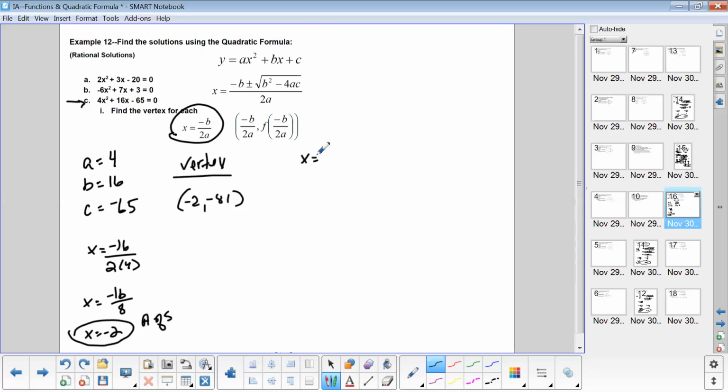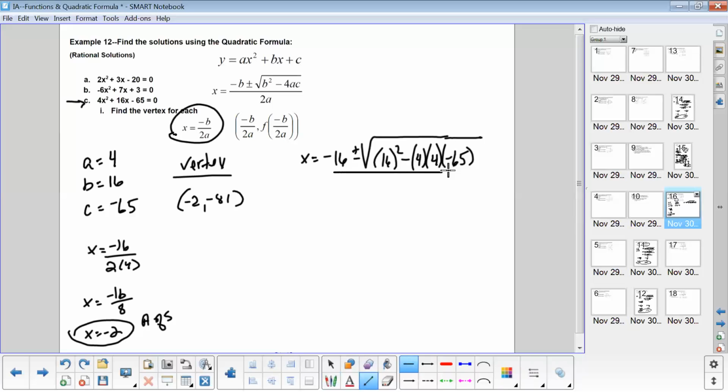Now let's substitute to find the solutions. So x equal negative b, so negative 16 plus or minus the square root of b squared, so 16 squared minus 4 times a, which is 4, times c, which is negative 65. All divided by 2 times a, and 2 times a is 8.